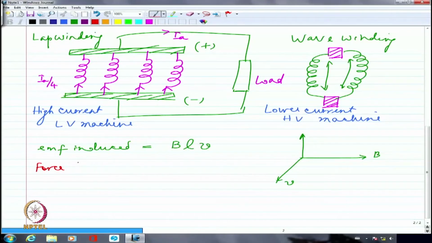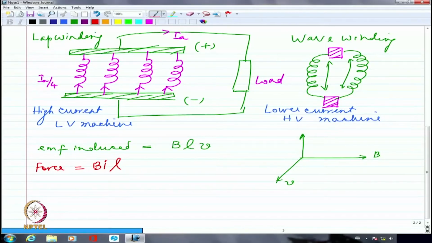That is also perpendicular to both the conductor's length and the flux density, right?